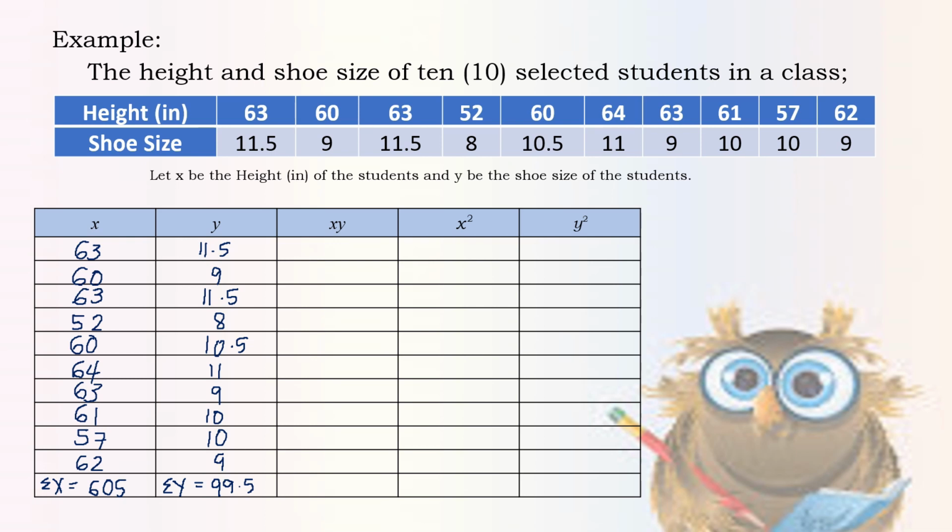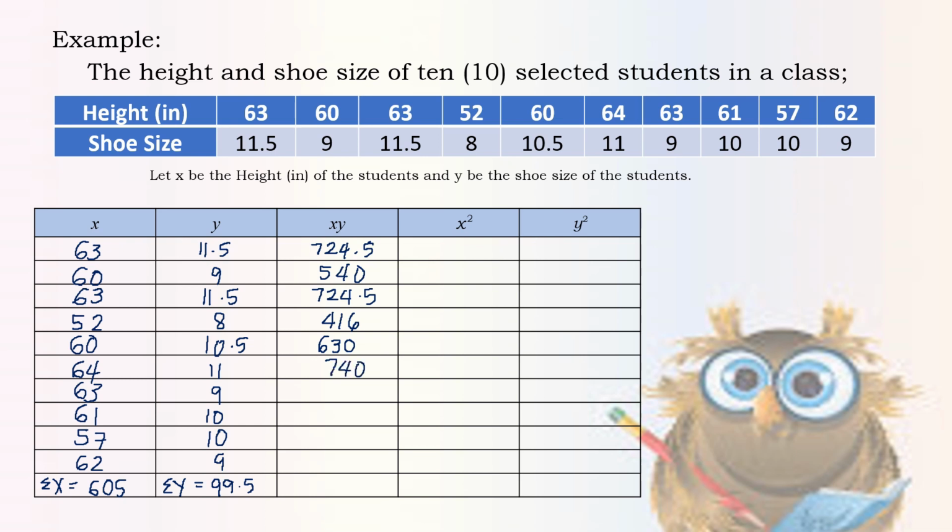For the product of x and y, it means that you will multiply 63 by 11.5. So we have here 724.5. Next is 60 times 9, which is 540. Same with 52 times 8, it's 416. 60 times 10.5 is 630.